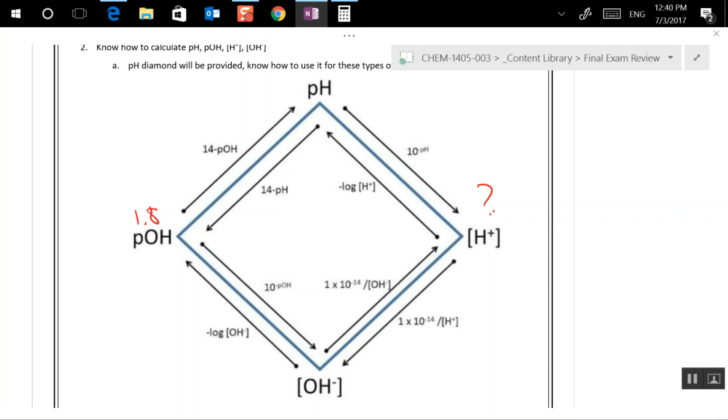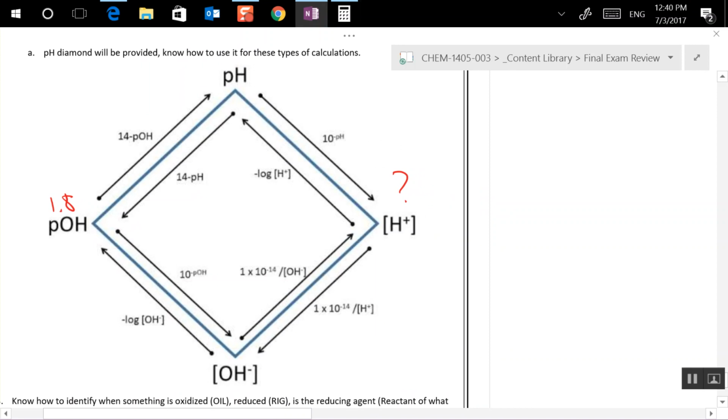Maybe even write it out on your paper. And then write your diamond out, put what you're starting with, where you're going, and then write the equations to get there. Okay? So if I'm going from pOH to H+, I have to either go to pH and then H+, or OH and then H+. Okay? It doesn't matter which way.